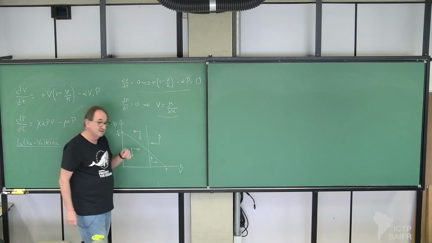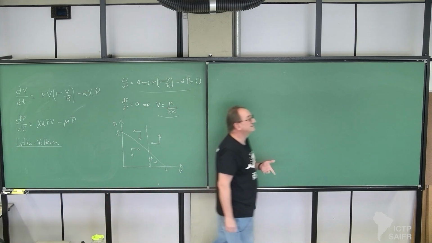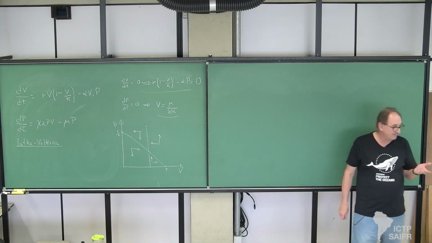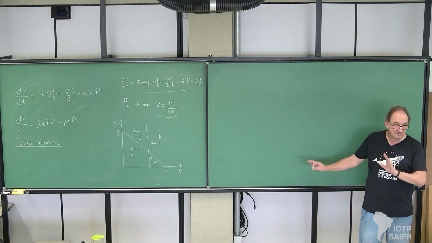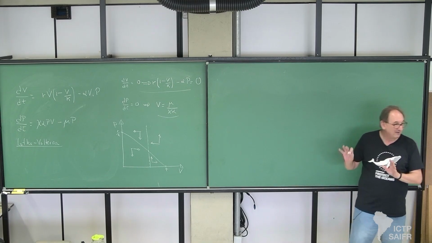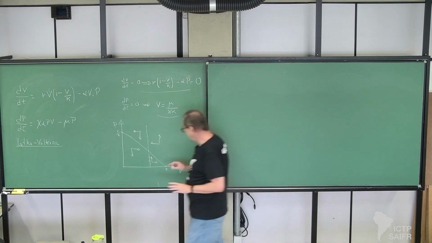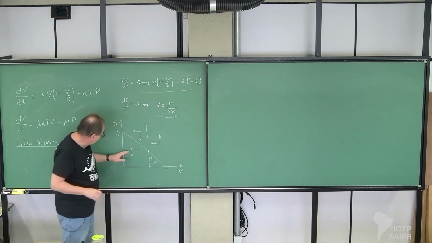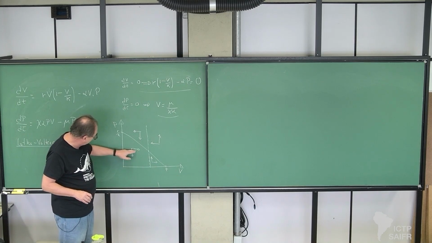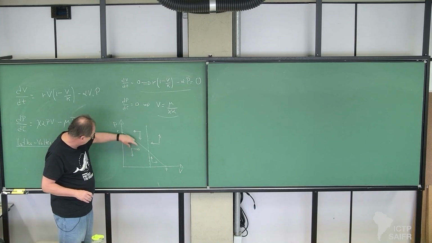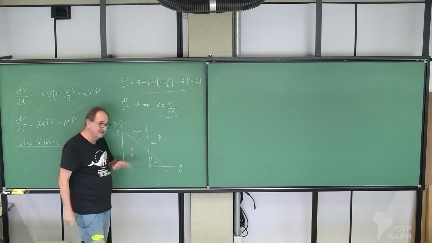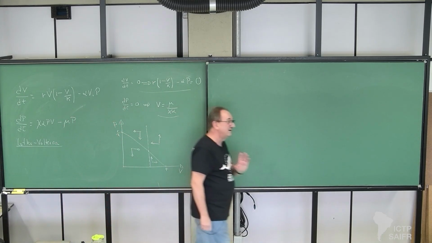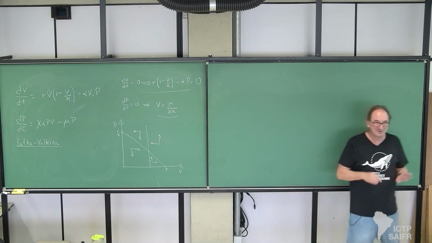Right? So the question is, is it stable or not? Okay? So this cannot be done just graphically, because in order to do this, you would have to actually use something that would be the size of the errors, and then it becomes tricky, and it's better doing something else.